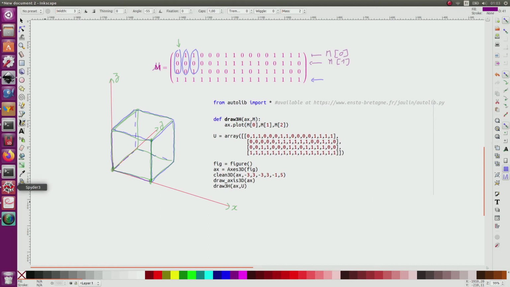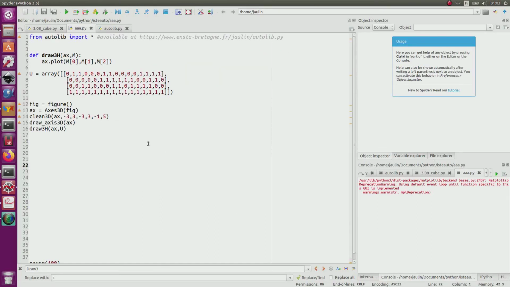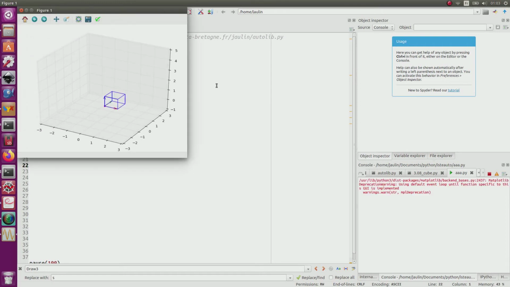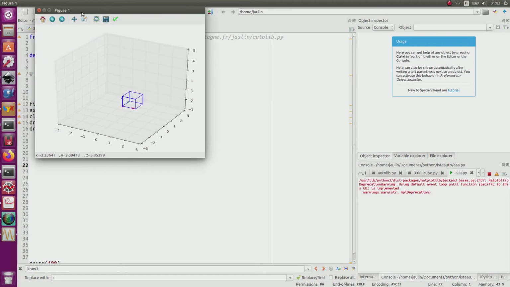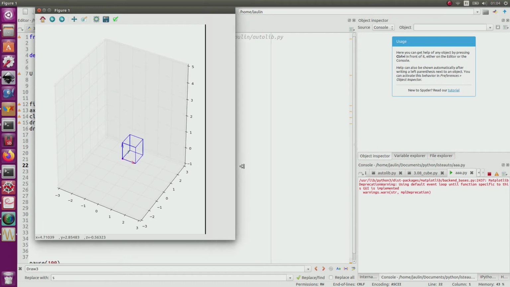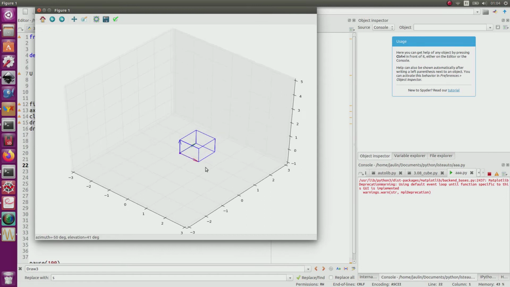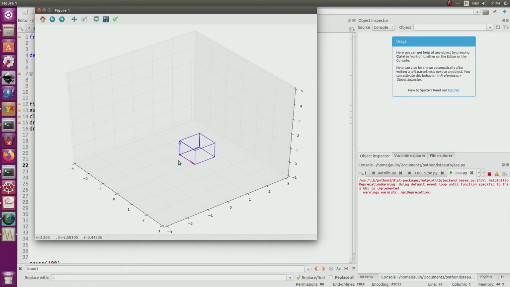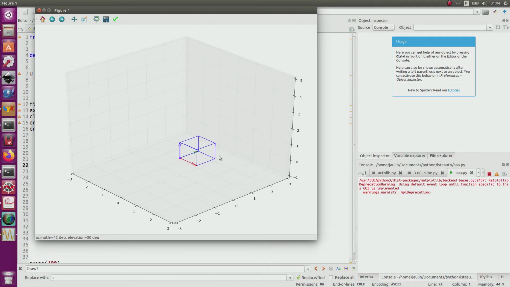I switch to Python. This is my program. I run it, and I can see here my axis with a cube. So the axes are red, green, blue, and the origin is this point.